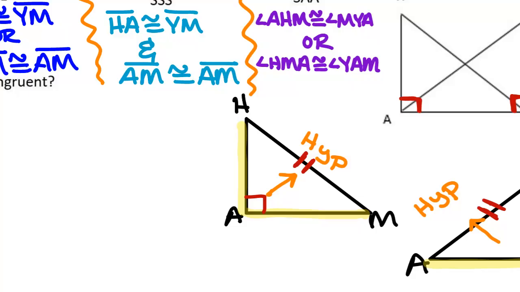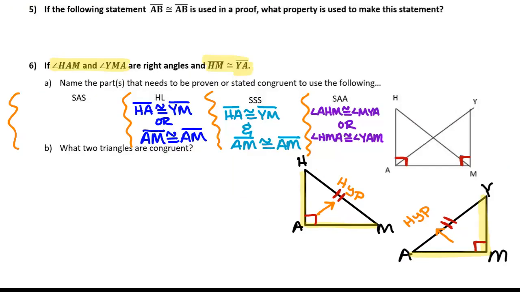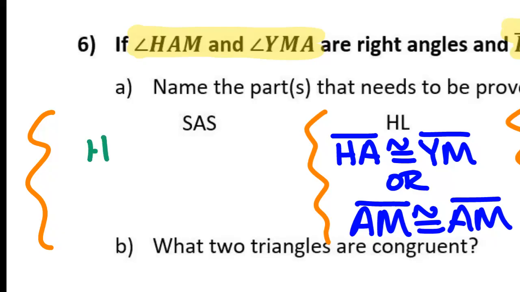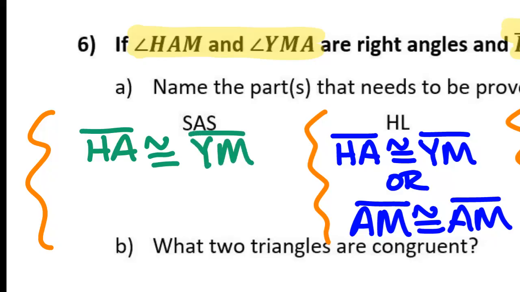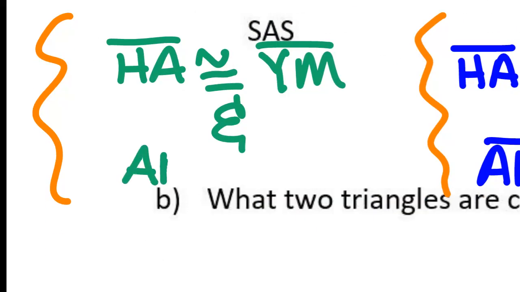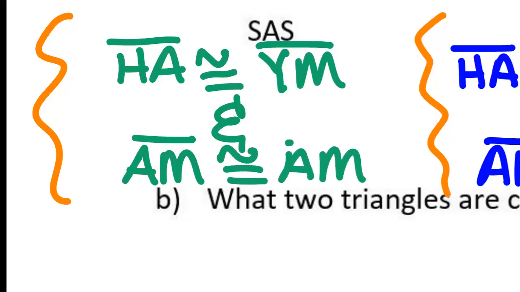I would need sides on either side of my right angle. So I would need to know that side HA is congruent to, what would that correspond to on the other triangle? HA corresponds to YM. And I would also need AM congruent to AM.